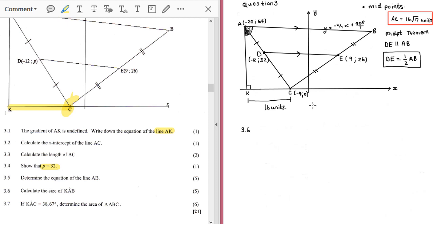Okay, and yeah, can use the cosine rule to then calculate that included angle.